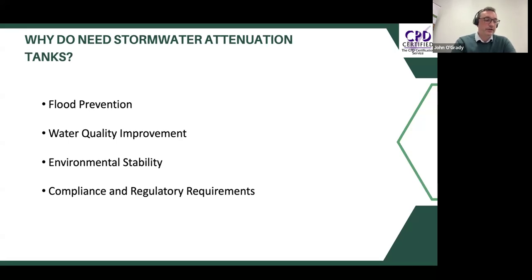So the purpose really then of the attenuation tank is to temporarily store the excess runoff during storm events, and then release it gradually back into the system once that peak flow has subsided. And by controlling the flow rate, it reduces that risk of urban flooding.